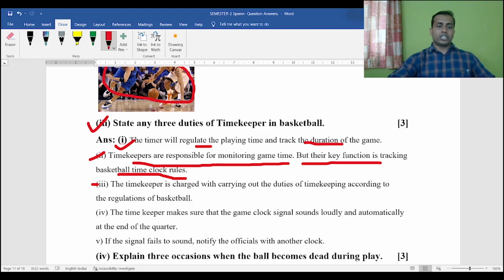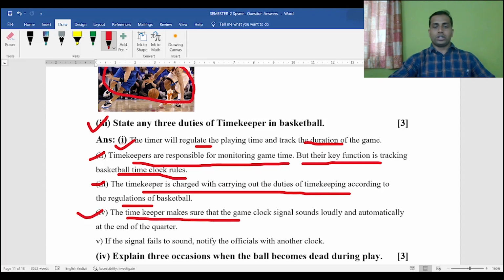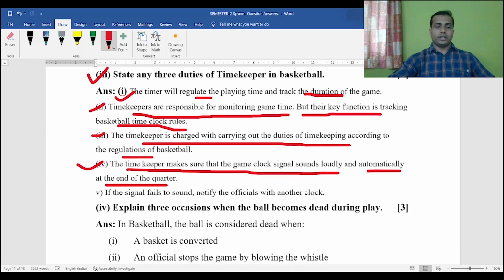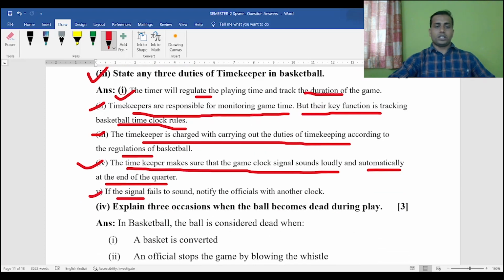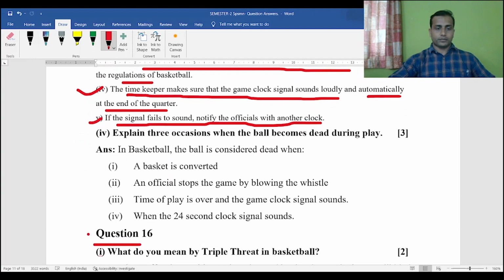Next, the timekeeper is charged with carrying out the duties of timekeeping according to the regulations of basketball. Next, the timekeeper makes sure the game clock signal sounds loudly and automatically at the end of the quarter. Next, if the signal fails to sound, notify the officials with another clock. So out of these five duties, you can mention any three duties.